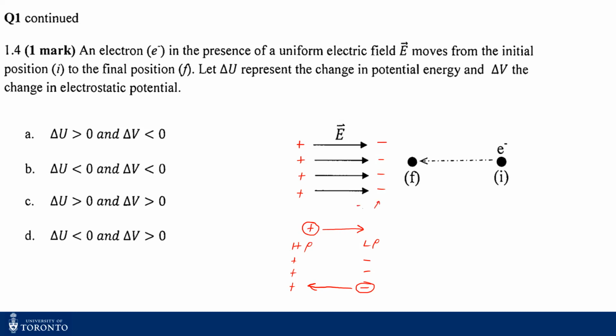It will be moving towards the positive pole. So therefore, the potential energy would reduce. So for an electron in this case, moving from right to left, for the electric field direction given here, the electric potential would increase and the potential energy of the electron would decrease. Therefore, option D is the correct option.